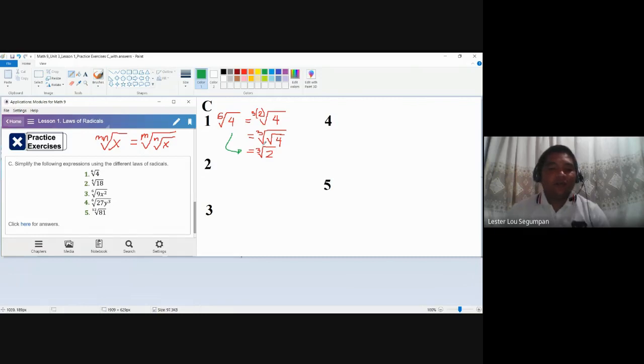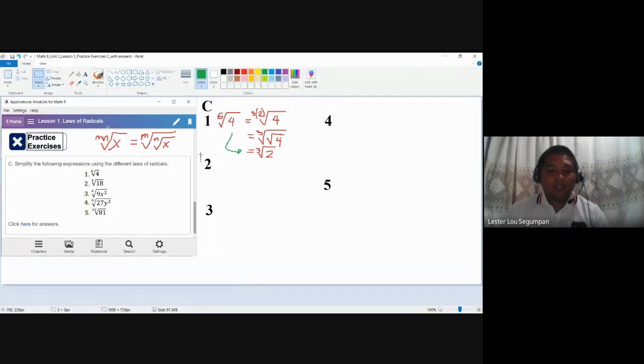So we are going to repeat the process for numbers 2 to 5 using the power laws. Let me move them down. For number 2, you have the given fourth root of 18. Now, 18 is not a perfect fourth number, nor is it a perfect square number.